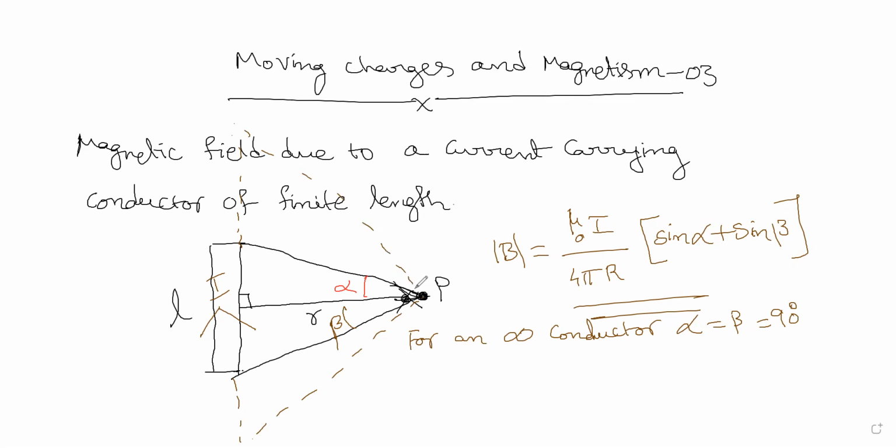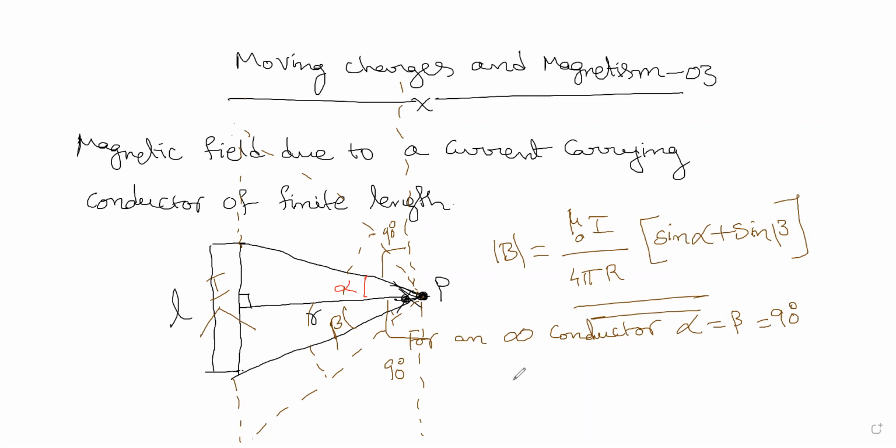The angle alpha keeps increasing and beta also increases. When the conductor extends to infinity, the angles become 90 degrees. So that's why alpha and beta are 90.